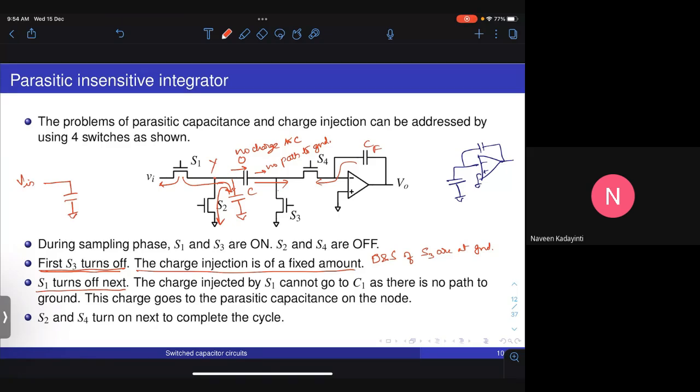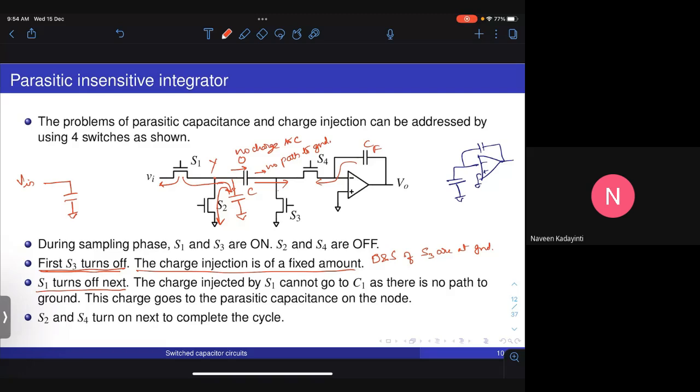Okay. So just by using 4 switches, we are able to ensure that there is no problem of charge injection during any of these turn-off transients. Okay, clock feedthrough will be there, but again, clock feedthrough is also something which is independent of the input voltage.